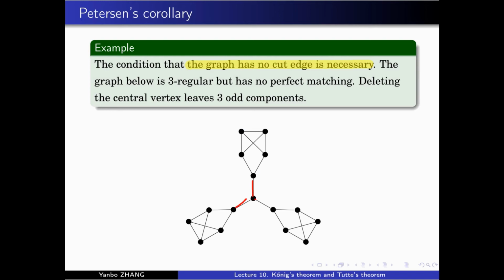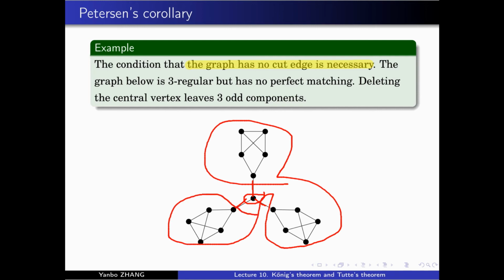It has 3 cut edges. And this graph has no perfect matching. Deleting the central vertex leaves 3 odd components: 1, 2, 3. From Tutte's theorem, we see that it has no perfect matching.